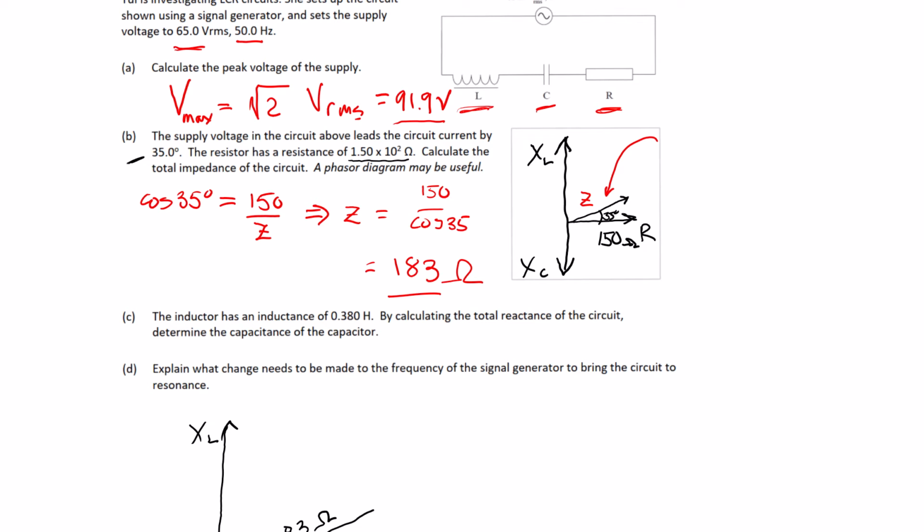Okay, part C. The inductor has an inductance of 0.380 Henry. By calculating the total reactance of the circuit, determine the capacitance of the capacitor. So this is a several stage problem. Let's start with the inductor.